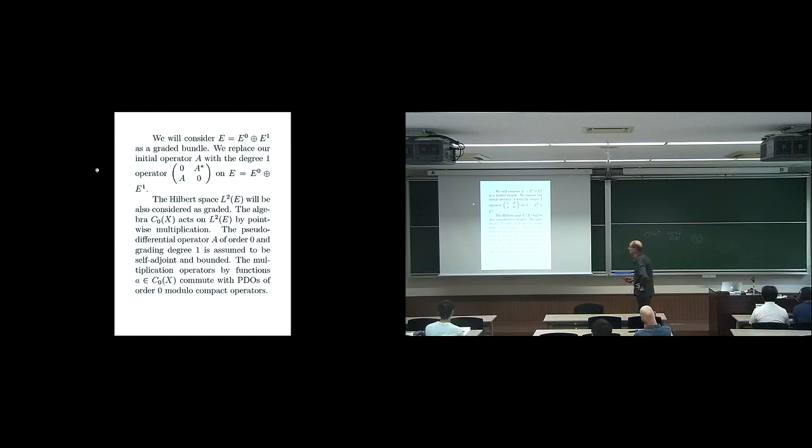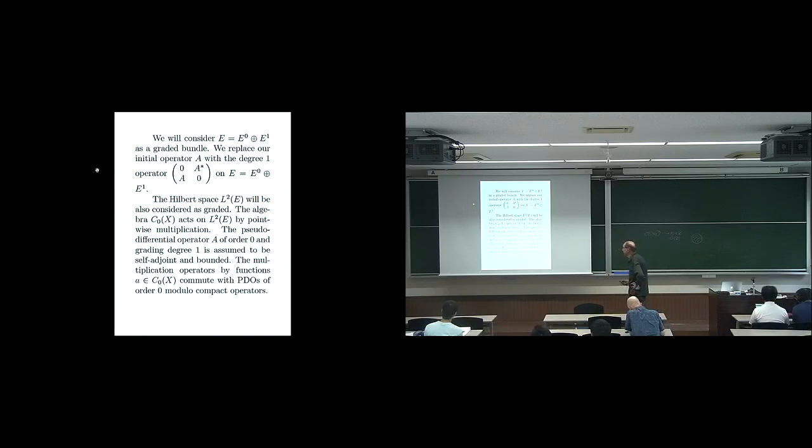If you consider this as a graded vector bundle, you have this degree 0 part and this degree 1 part, and the operators A and A star interchange, so they have degree 1. So the Hilbert space is also Z2 graded, and differential operators will be degree 1.